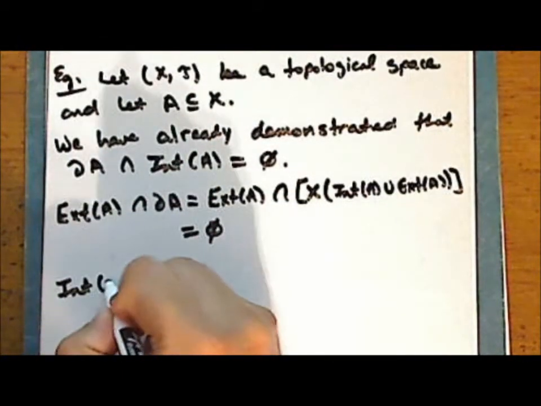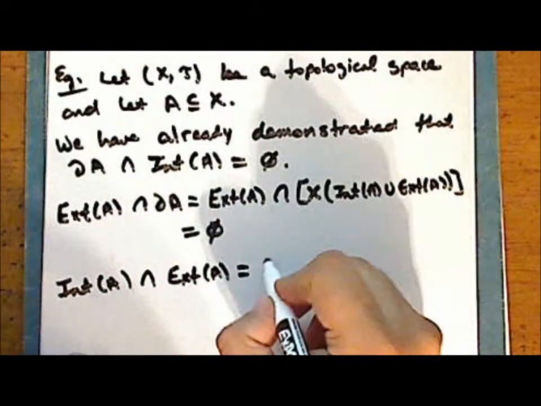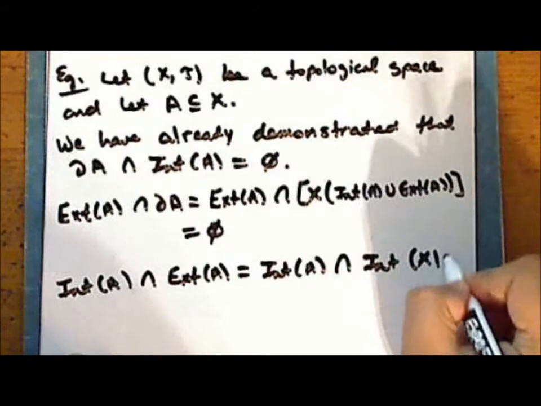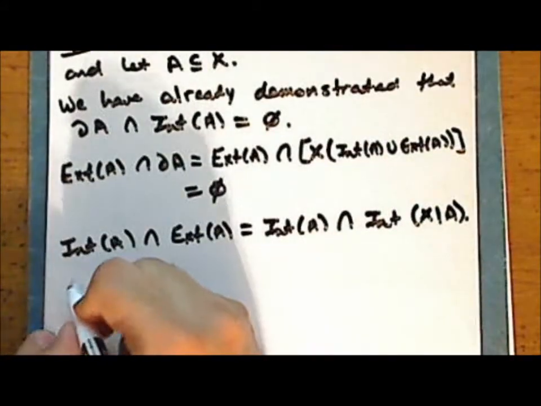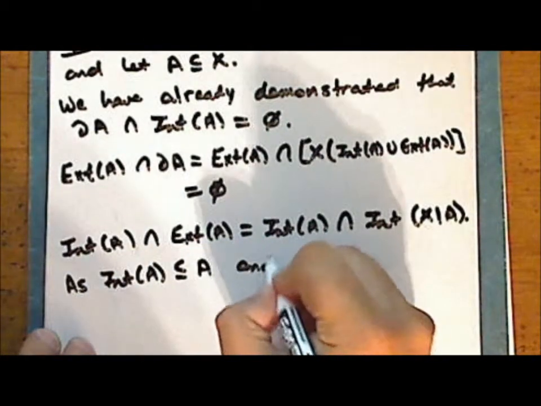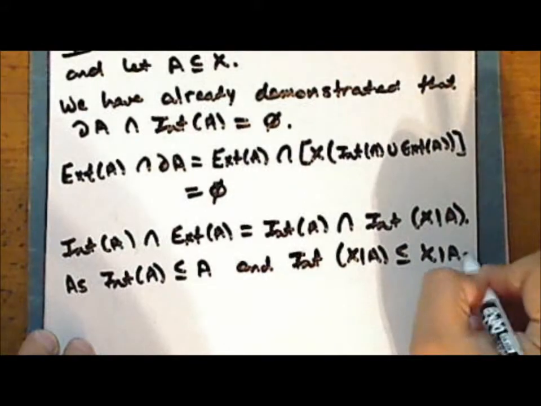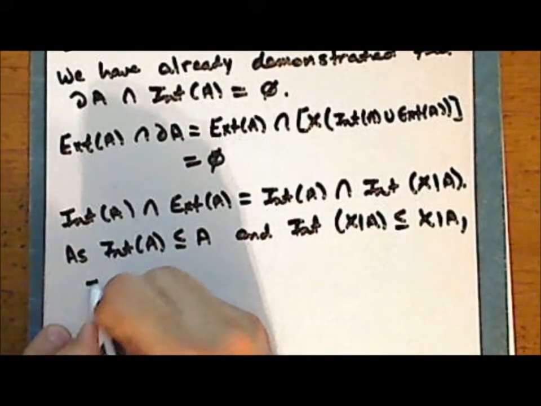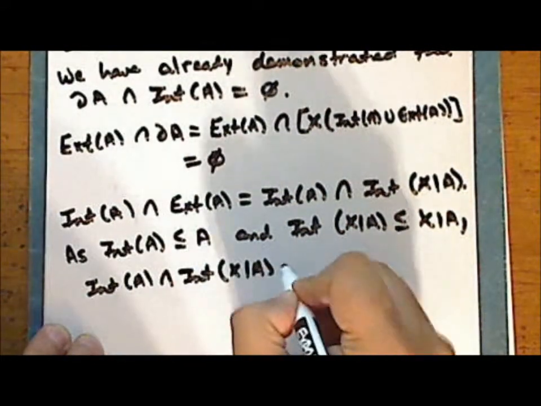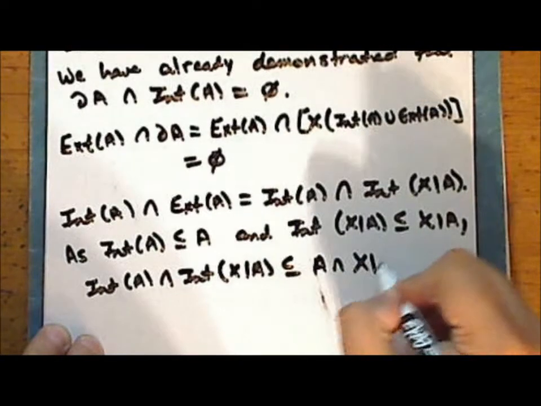Now the interior of A intersected with the exterior of A is the intersection of the interior of A with the interior of the complement of A. Now as the interior of the set A is a subset of the set A and the interior of the complement of A is a subset of the complement of A, we have that the interior of A intersected with the interior of the complement of A is a subset of the intersection of set A with the complement of A, which is empty.